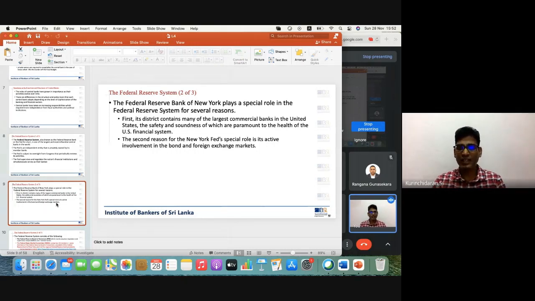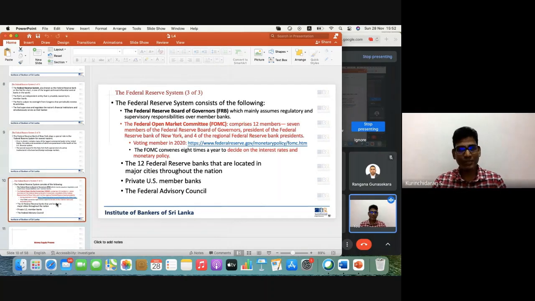I think three Federal Reserve Banks, New York, Michigan and another one, altogether control 50% of the financial assets of the financial system. New York is the one finally deciding on policy making. But here in Sri Lanka, it's straightforward. We have only one central bank, and it does everything.